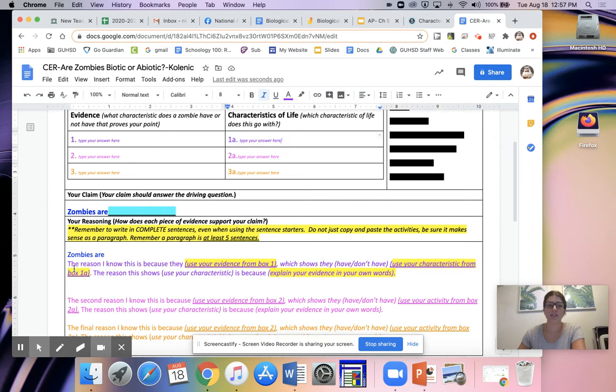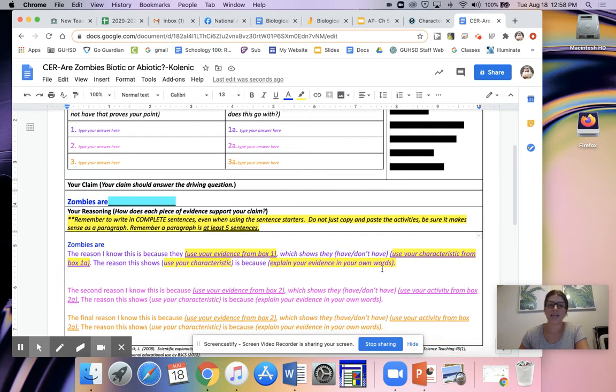So again, if you're going to say the reason I know this is because they move, which shows they respond to stimuli. The reason this shows responding to stimuli is because I know that movement is something that living things will use to get out of the way of something or respond.